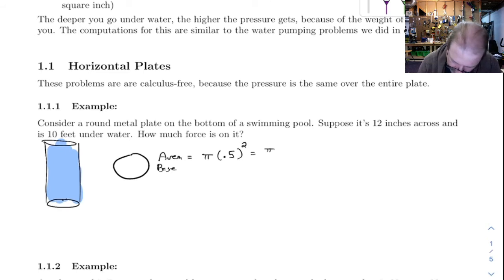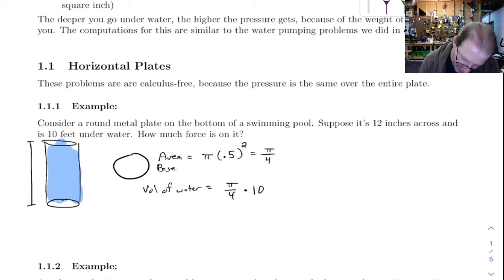So that's pi times a fourth, or pi over 4. Now the volume of water then is going to be pi over 4 times, let's see, how deep was it? 10 feet. So that's 10 pi over 4, or 5 pi over 2. And that's in cubic feet.